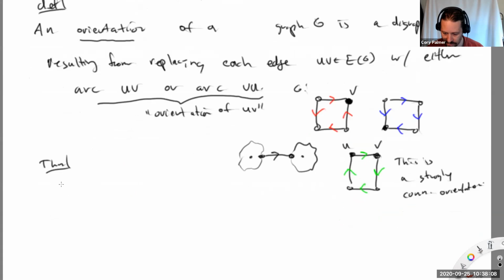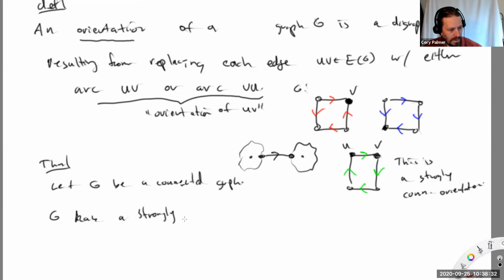Let G be a connected graph. As we said, if we give you G and it's not connected, then a strongly connected orientation is out of the question completely, so we won't even discuss that. So then the theorem is: G has a strongly connected orientation.